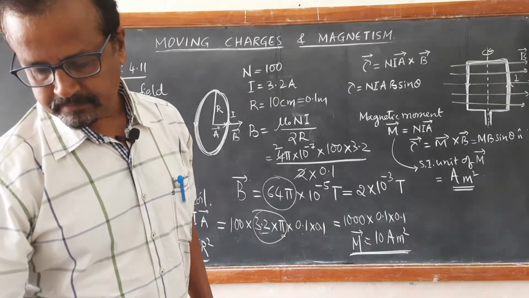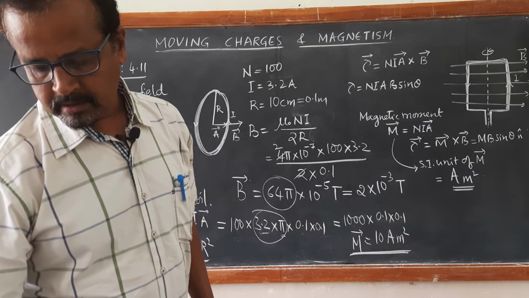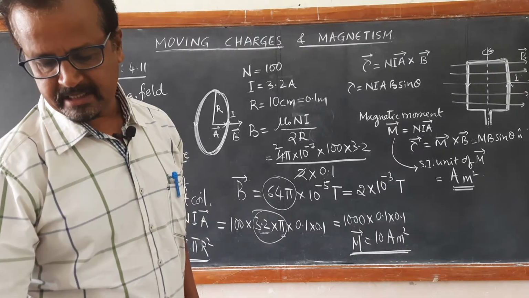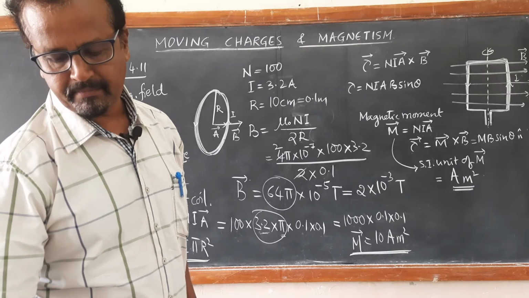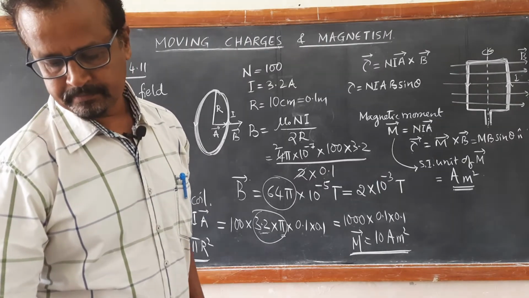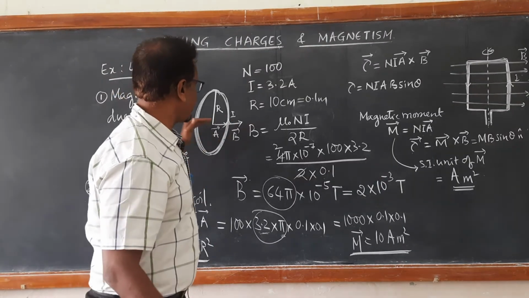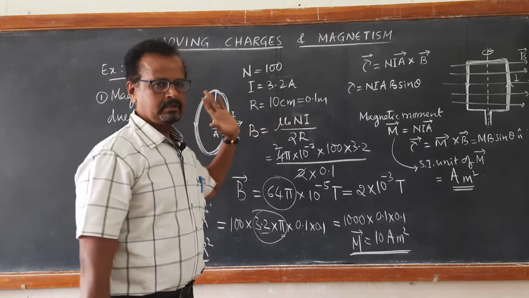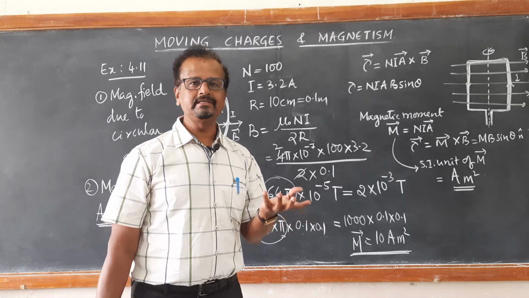Then initially the axis of the coil is in the same direction as that of the external magnetic field. So, axis of the coil and magnetic field both are in the same direction. What is the torque? Then definitely torque is 0.